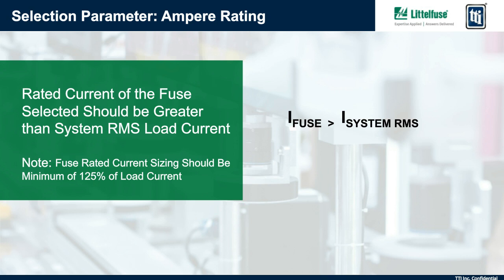And a note here is that it's common that a fuse rated current sizing should be a minimum of 125% of the load current. So let's say you have some cyclic load and the RMS calculation ends up being about 100 amps for the load current. You would want to use a fuse rated at a minimum of 125 amps for that.